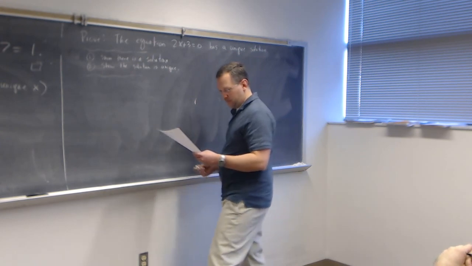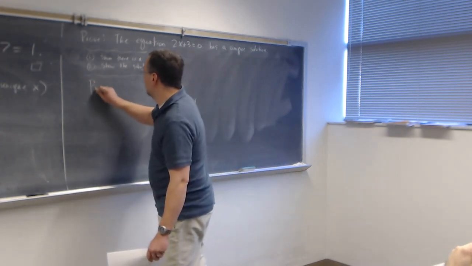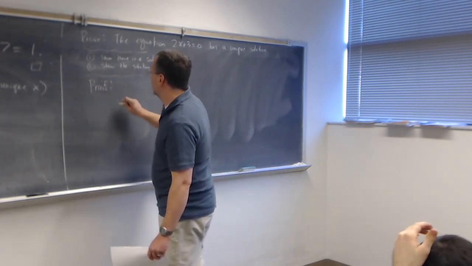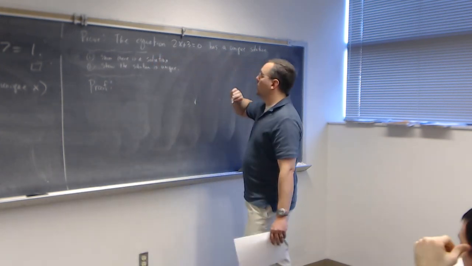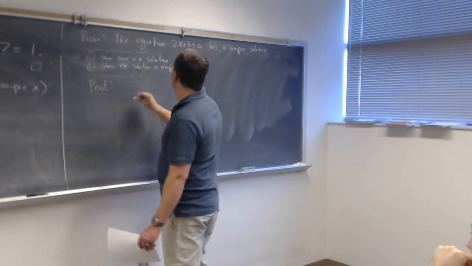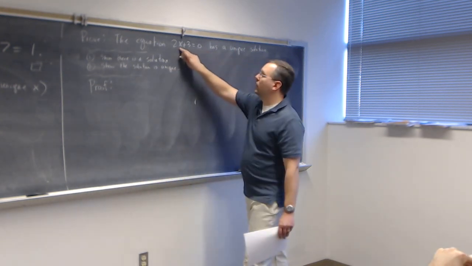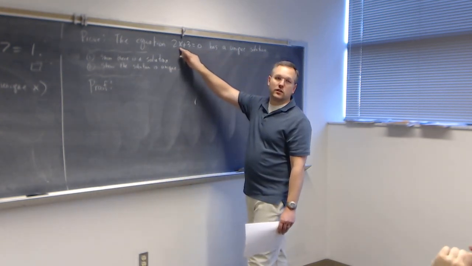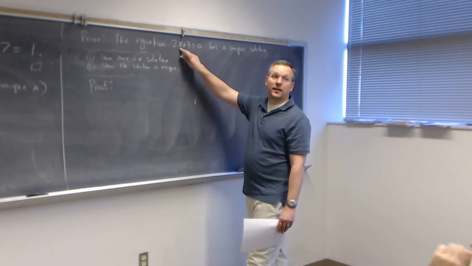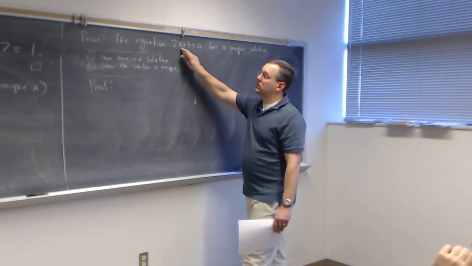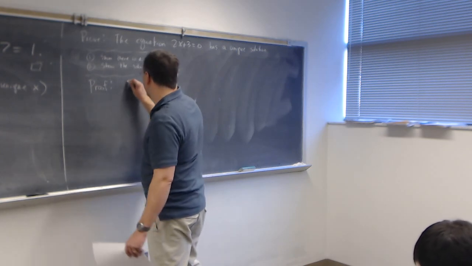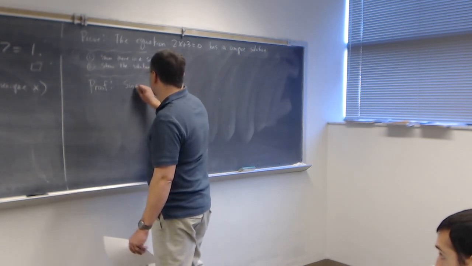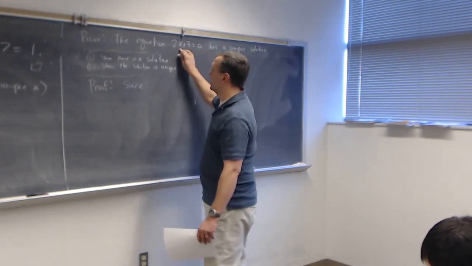All right, here we go. Proof. Let's find a solution for this. If you solve the equation, the solution is negative 3 halves. Let me plug in negative 3 halves. That's kind of like scratch work.